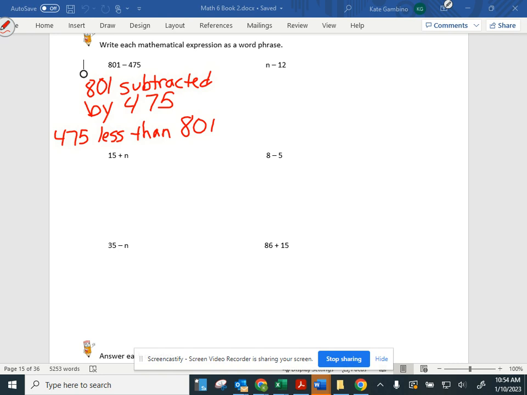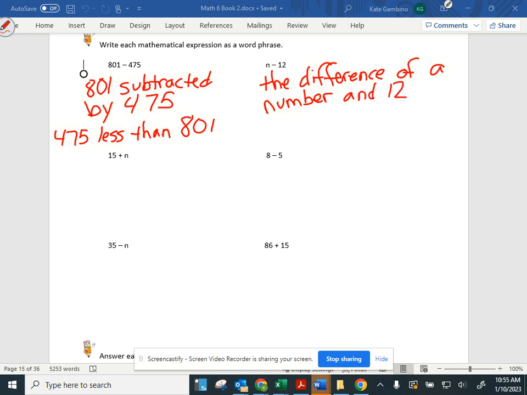When you get to an n, what are we going to write out in words? A number. So when you see that variable, you write it out as a number. You don't say n minus 12. You would say a number minus 12. Or you could say the difference of a number and 12.